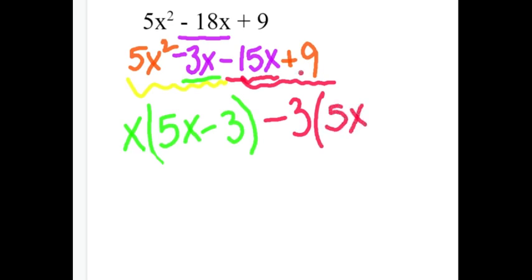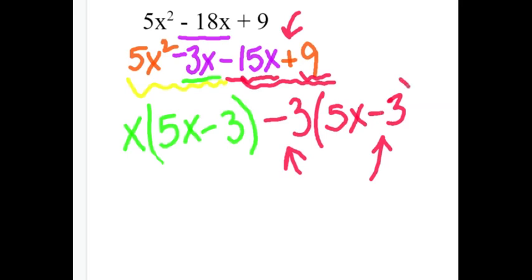And then 3 times what is 9? That's 3. Now, here is where you might get into a little bit of trouble. We need a positive 9. We have a negative 3 right here. So negative 3 times what is positive 9? Well, negative 3 times negative 3 is positive 9.